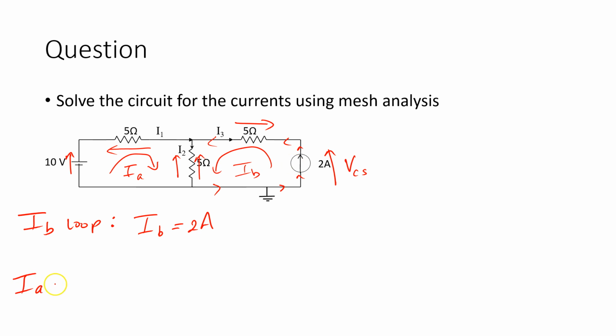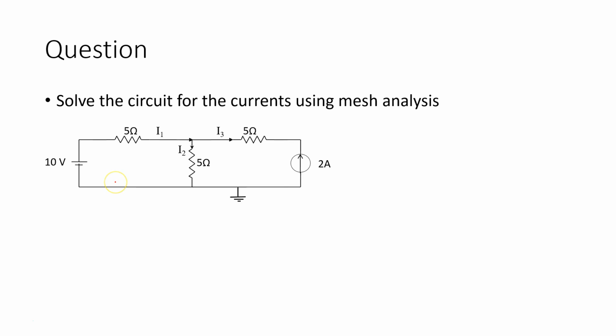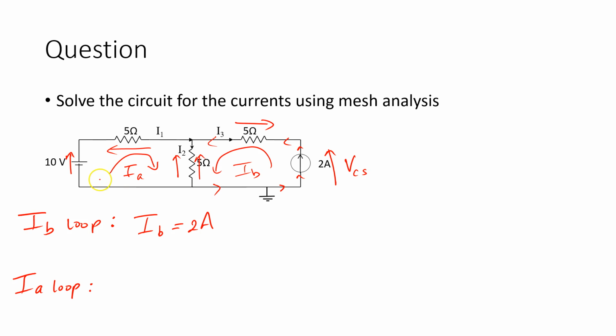And then IA, I could write my loop in the normal way. So I start at some point. I'm going to start at this point here, and then I'm going to go around. Let me go around in this direction, the anti-clockwise direction.